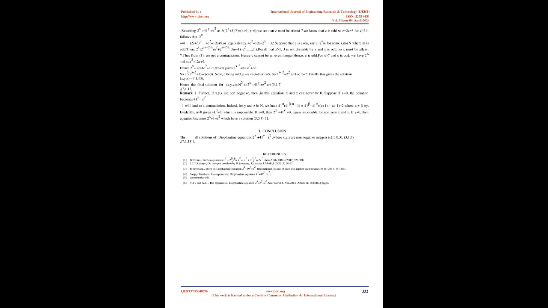So 2^3(2^(x-5) + 1) = c(c + 3). Now, c being odd gives c + 3 = 8, or c = 5. So 2^(x-5) = 2^2 and so x = 7. Finally this gives the solution (x, y, z) = (7, 1, 13).